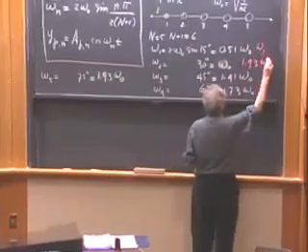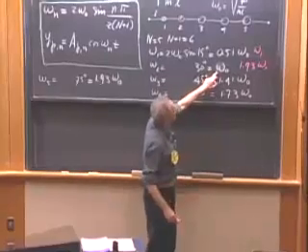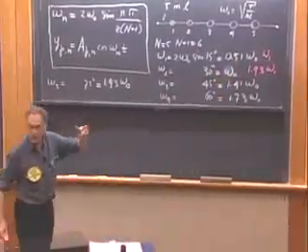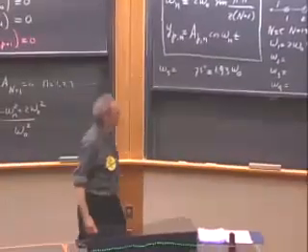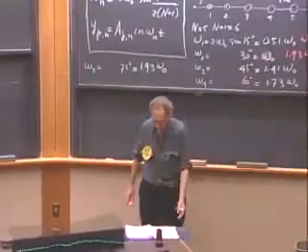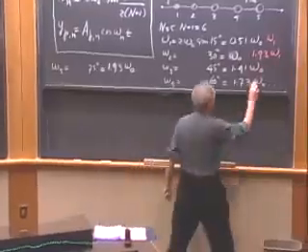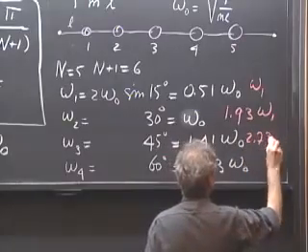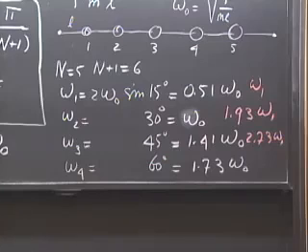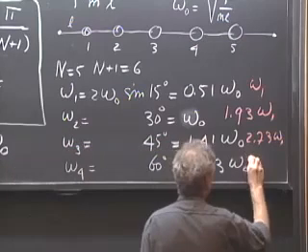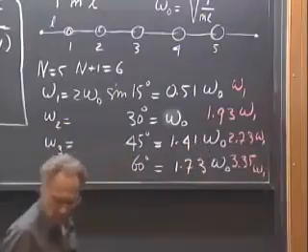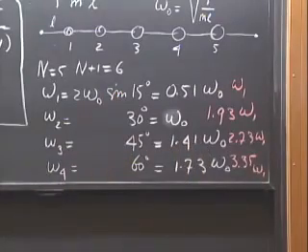Again, not exactly, but approximately. It is this 1 divided by 0.51. It's the ratio now of the frequencies. And if I take this one and divide it by that one, then I get 2.73 omega 1, and I take the next one, I get 3.35, and the last one then is 3.73.